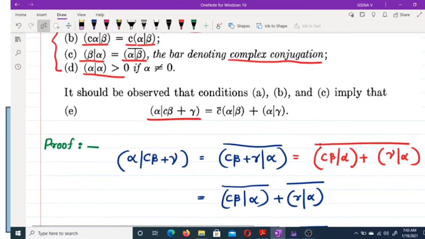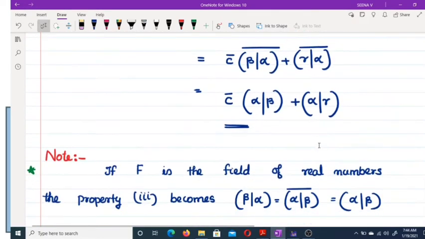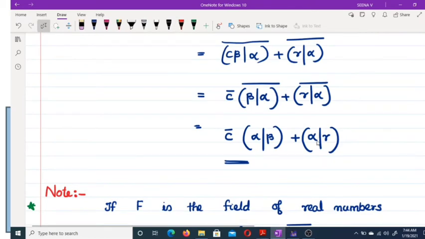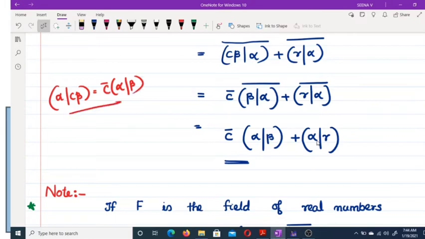So inner product of alpha and C beta plus gamma is equal to C conjugate inner product of alpha and beta plus inner product of alpha and gamma. Here you must note one thing: this result is important. Inner product of alpha and C beta is equal to C conjugate inner product of alpha and beta. You will be using this result.